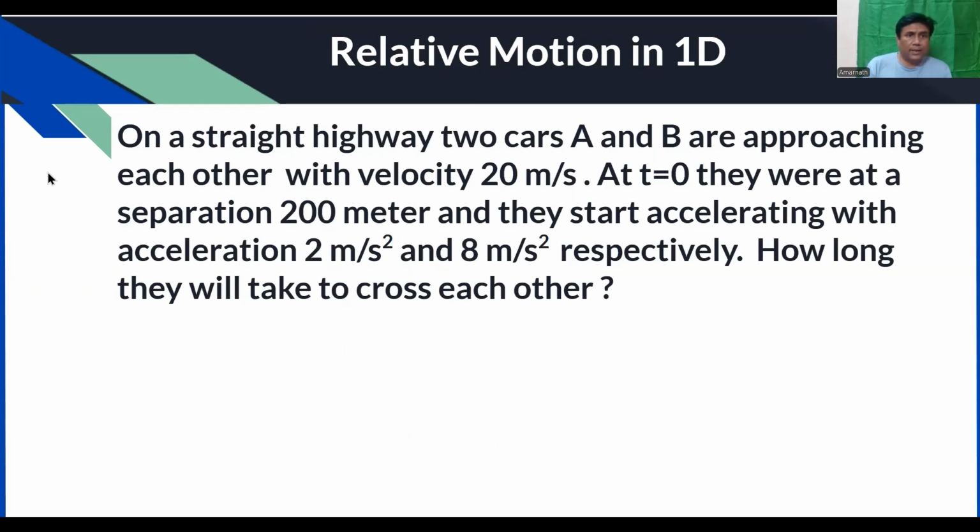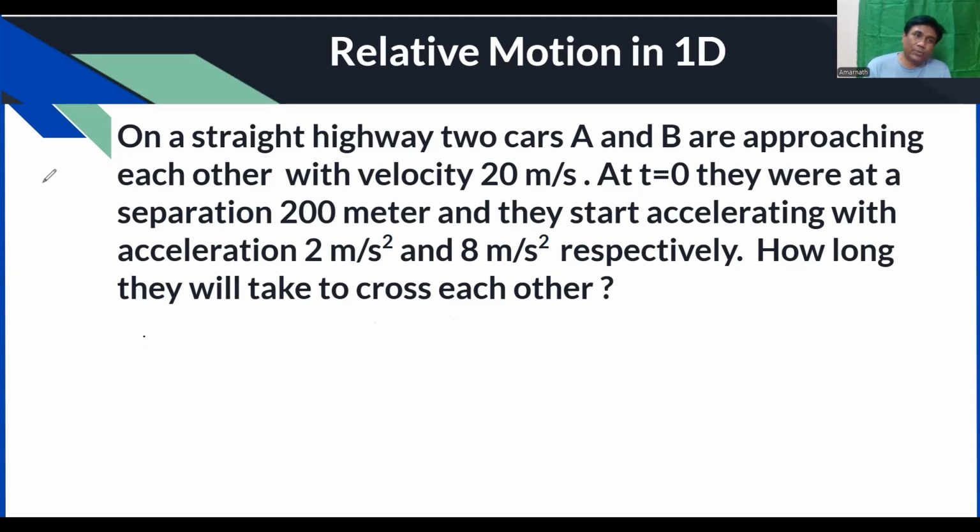The question is, on a straight highway, two cars A and B are approaching each other this time, with velocity 20 meter per second. At t equal to 0, they were at a separation of 200 meter and they start accelerating with acceleration 2 meter per second square and 8 meter per second square respectively. How long will they take to cross each other?